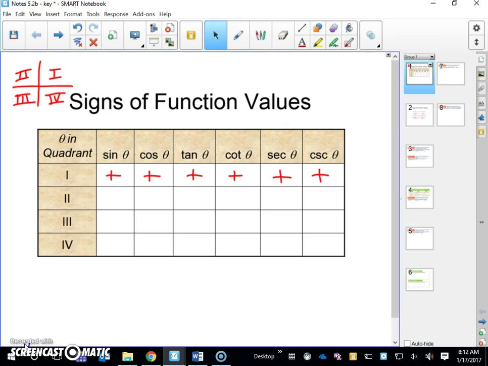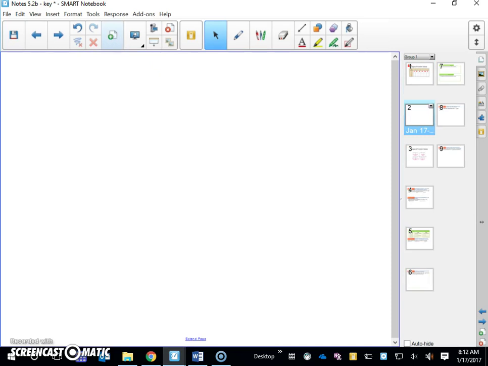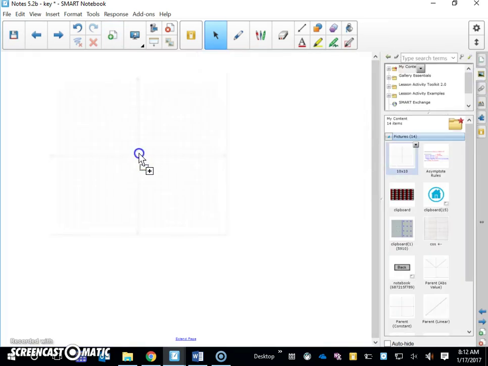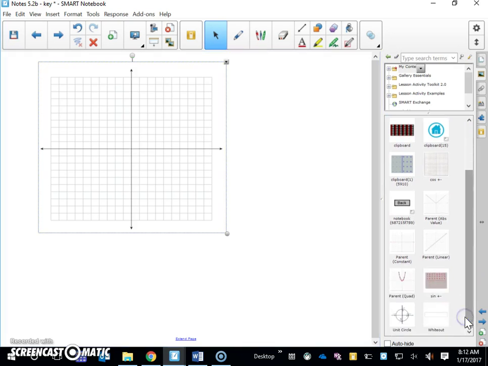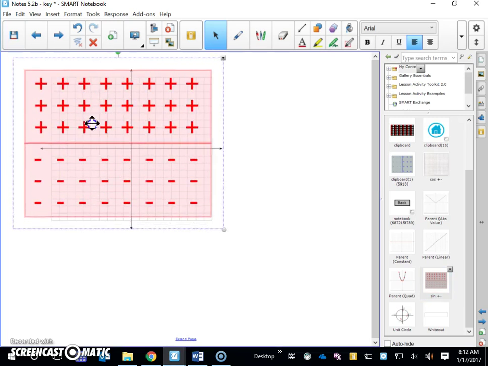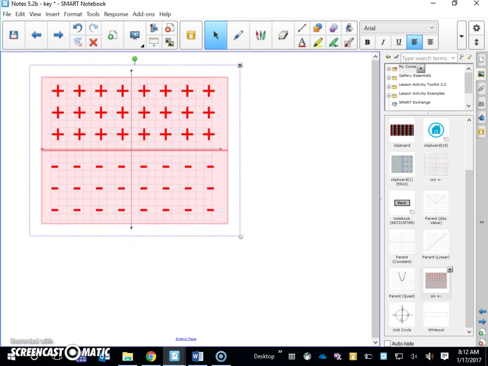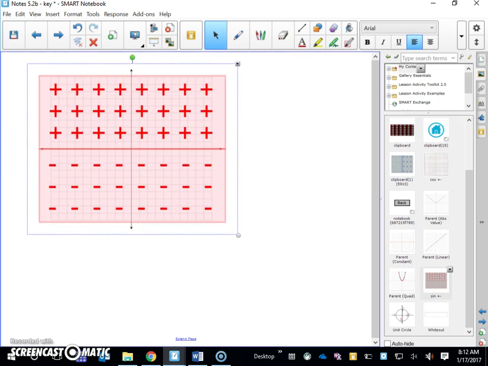So I want to show you how I remembered it when I was in school. I remembered that sine goes with y. That's something that you should already know. Sine goes with y. And so think about which quadrants have positive y values. Which quadrants have positive y values? 1 and 2.